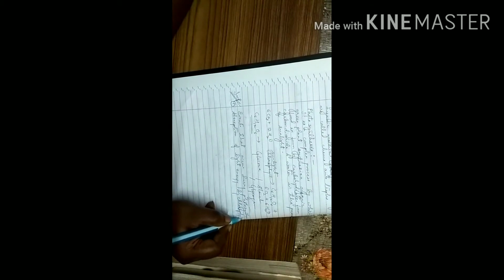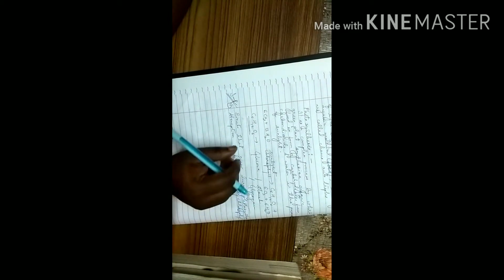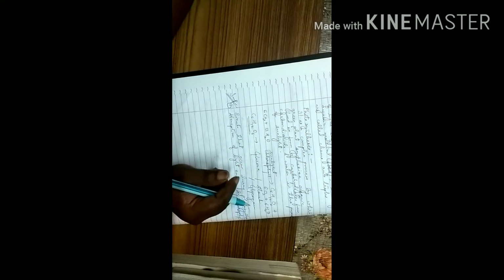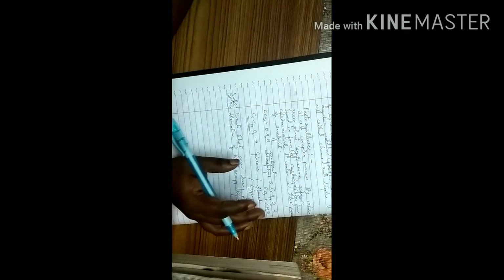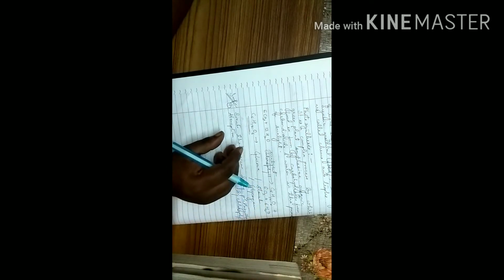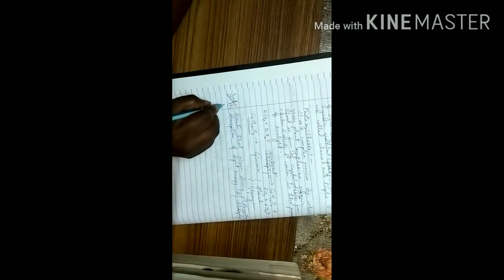Now, where is this chlorophyll present? You all know about that green color pigment which is present in plants. That is the chlorophyll. So chlorophyll has the tendency to absorb the light energy. Understood?